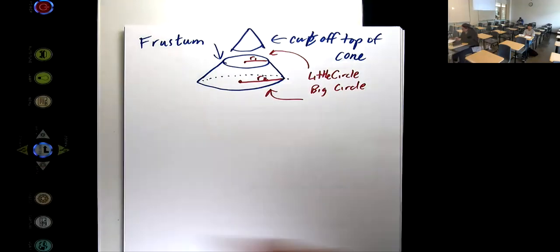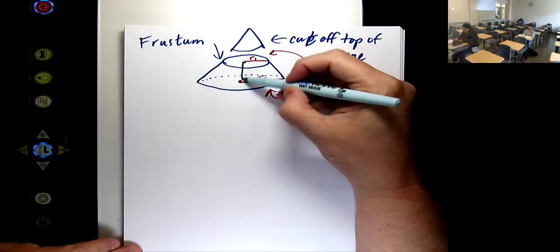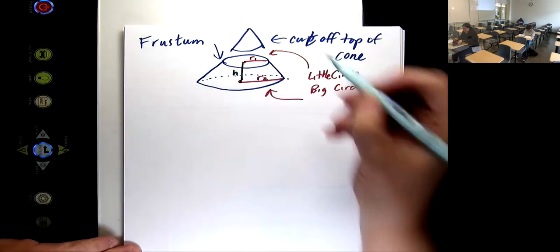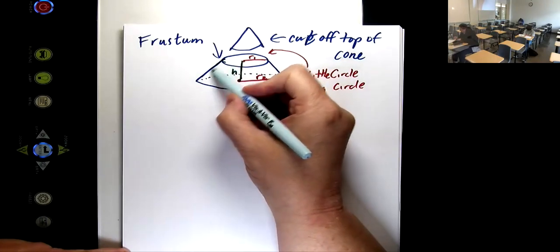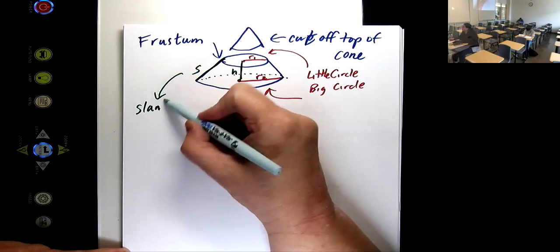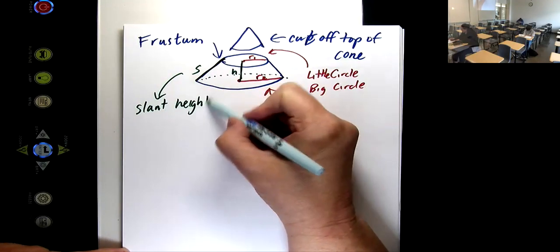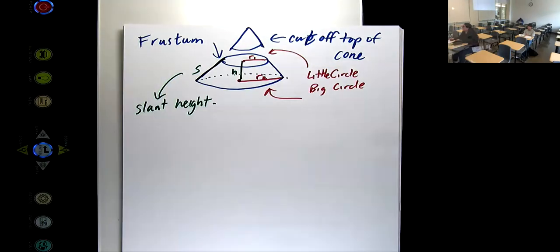My height is the distance from the top to the bottom, which would be that right there. They call this length right here S, which stands for slant height. That comes into play when we do surface area. We haven't gotten to that yet. We're getting that next.